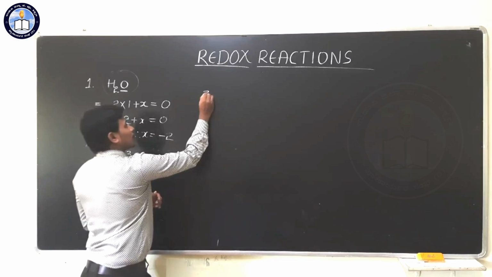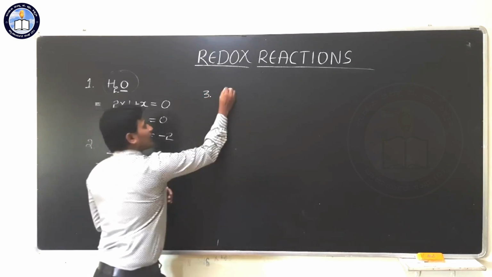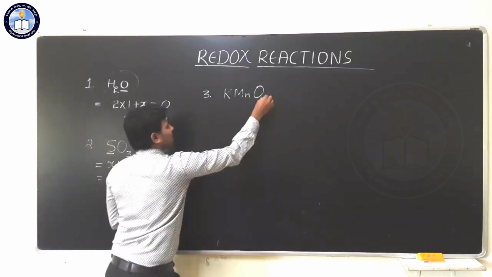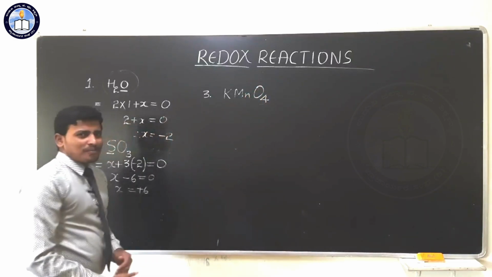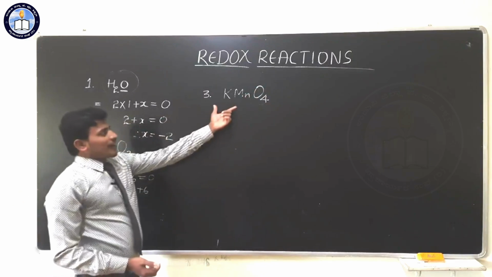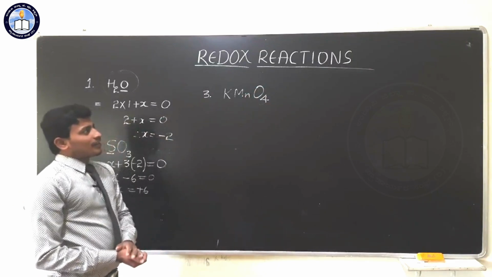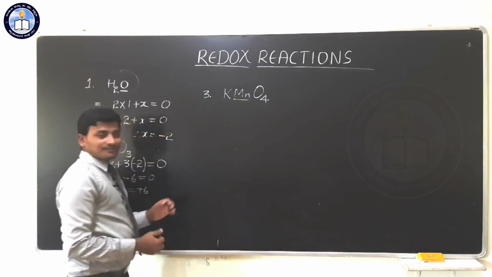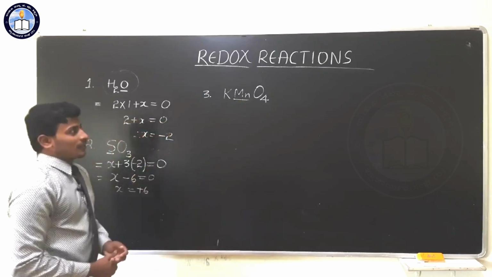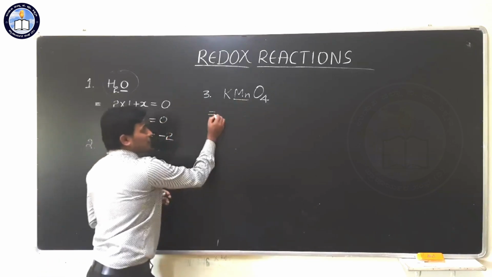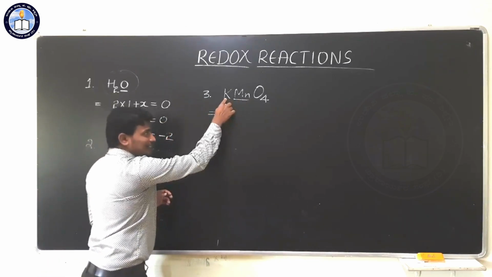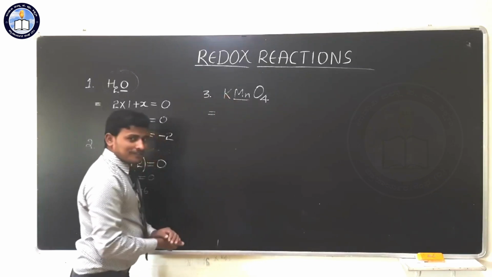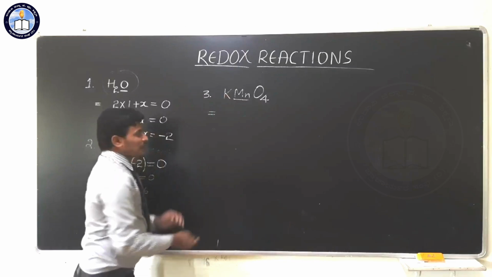For the third compound, let me take KMnO4. In examinations, most of the time I saw this kind of question come. Find the oxidation number for Mn. How to find out? See the rule. Potassium is an alkali metal present in the periodic table, and for that the value is plus 1.